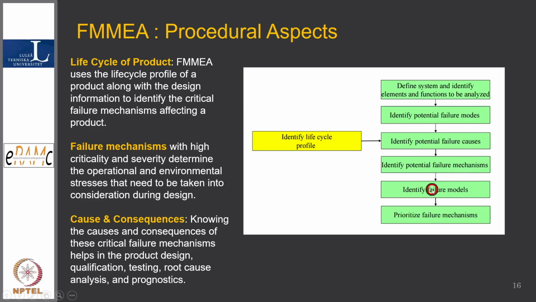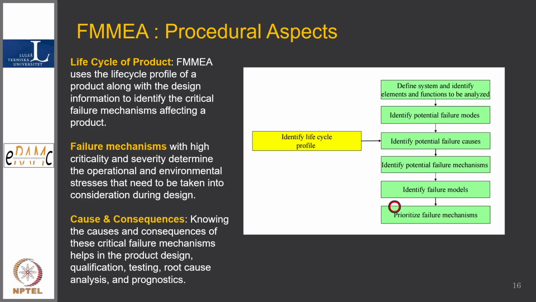Identify failure models, and this is the most serious effort, because it can be done only in a lab environment, because we are developing the failure model. All the knowledge that I have gathered goes into developing the failure model. Number of iterations, number of tests, number of analyses have to be done.